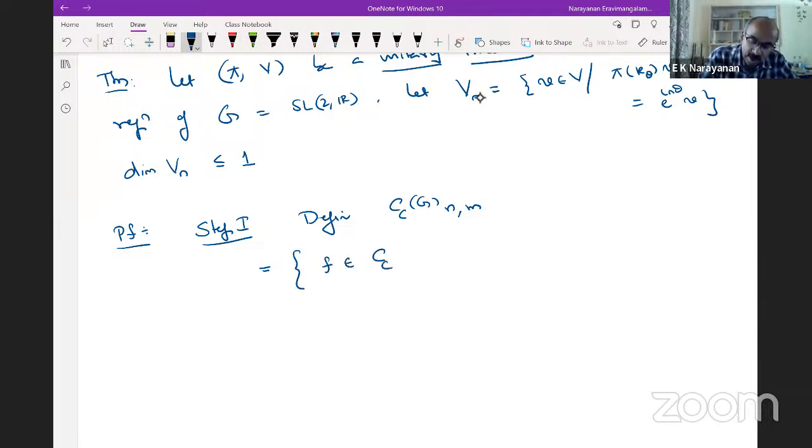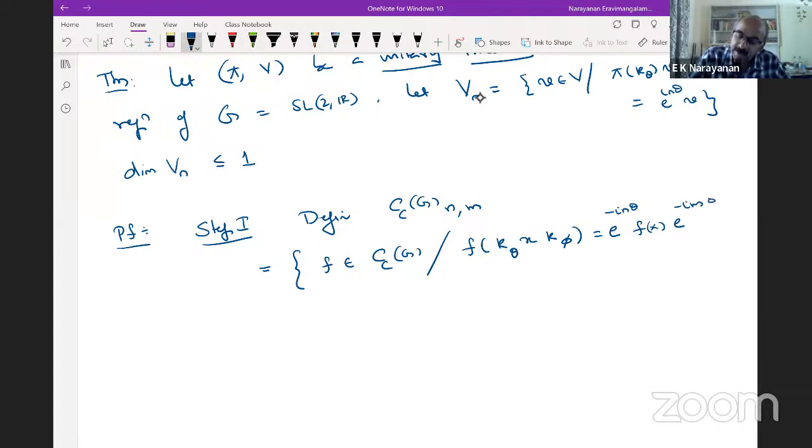So this is f, all continuous functions with compact support, and f of k theta x k phi equals e to the minus i n theta f of x e to the minus i m phi. So on the left, if I hit by k, the nth character will come out, but I put a minus n. Okay, all these are scalars, so they all commute. I can write them anywhere I want. I just write it like this so that it's clear that m comes on the right side, n comes on the left side. Okay.